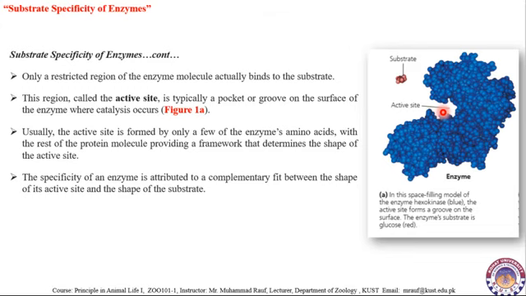So the establishment of this complex is of predominant significance, and it determines the specificity of an enzyme, because not everything can fit into that active site. There will be a certain specific substance which will fit here, and then this enzyme will catalyze the reaction.